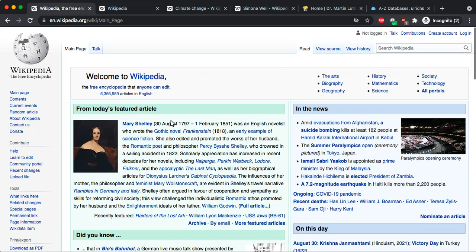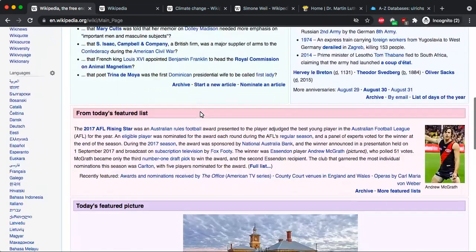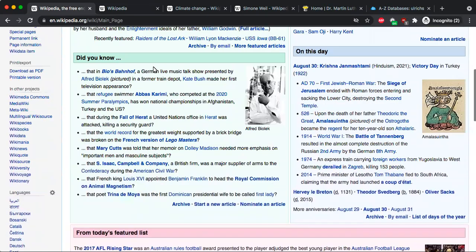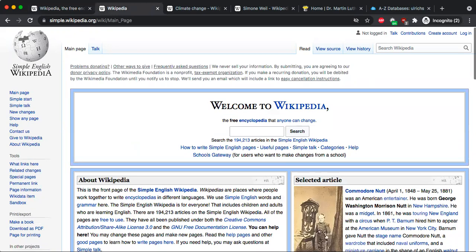So most of you have seen the homepage of Wikipedia and know that it is available in many, many different languages. That is a great thing to do too. If English, like for myself, is not your first language, you might check out an article on a topic in your native language. What very few people actually know is that there is a second iteration of Wikipedia, and that is the Simple English Wikipedia, which means that the articles essentially are the same.